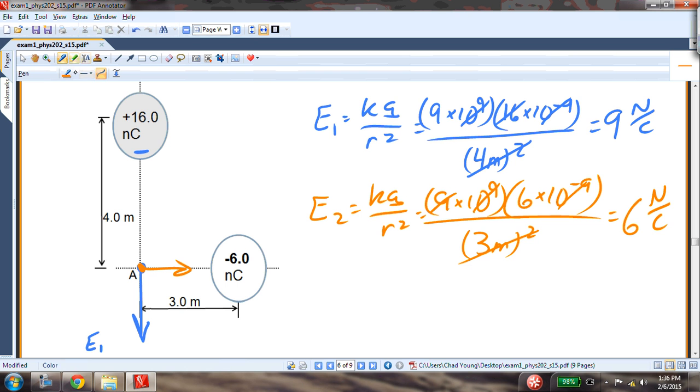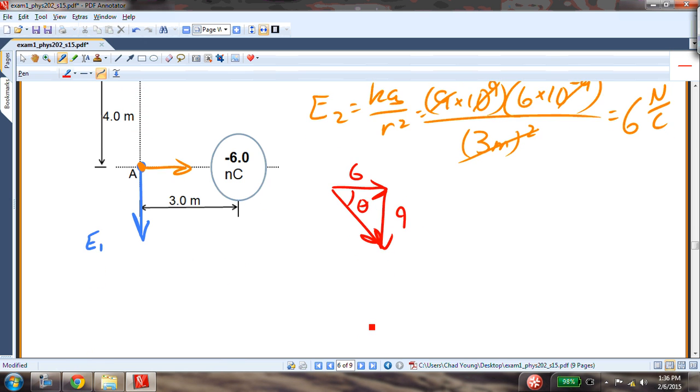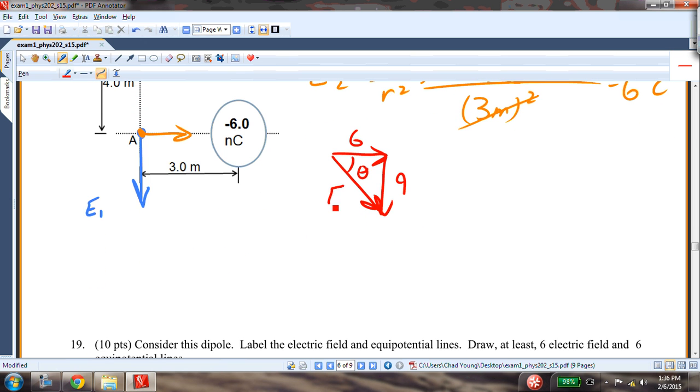All right, so I have vectors here. I have one vector that's 6, and another vector that's 9, and then the resultant vector is here at this angle. I want to know the magnitude and direction. This magnitude is the square root of 6 squared plus 9 squared.